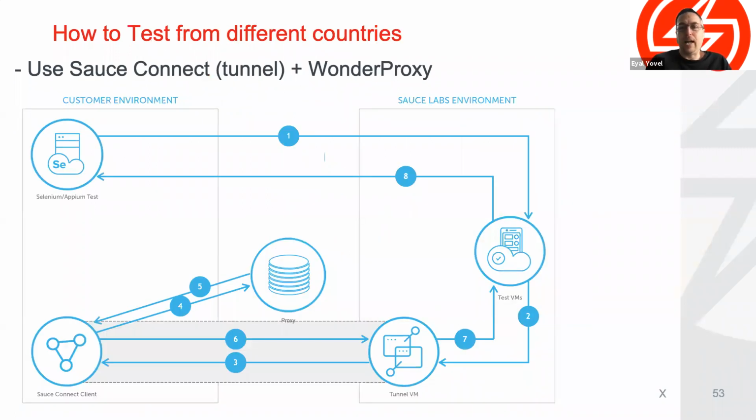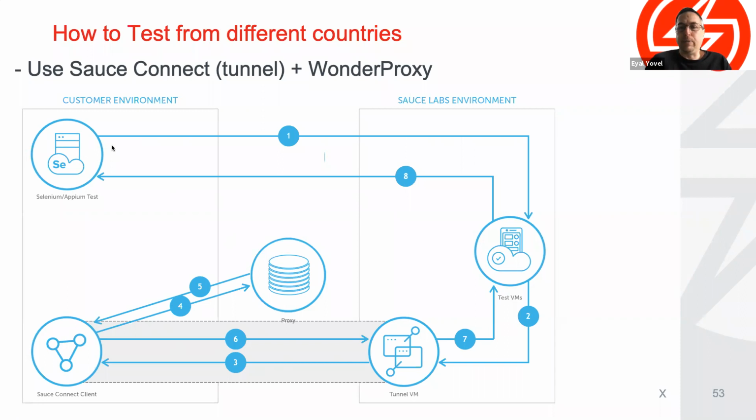And at a very high level, how can we create secure tunnels with a VPN? We can see that I created tunnels between my machine and the Sauce platform and Sauce data center, and also connected the proxy, the VPN service.